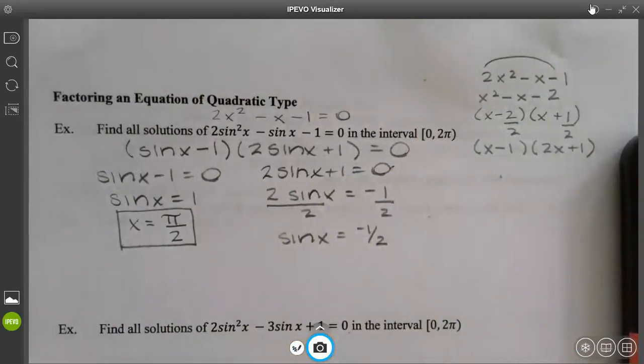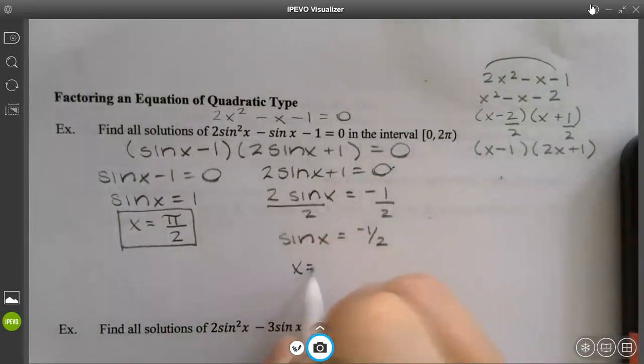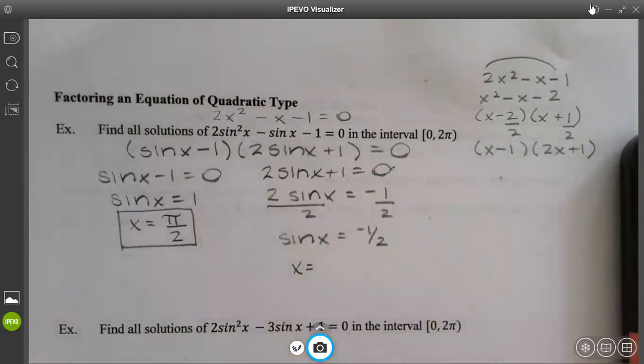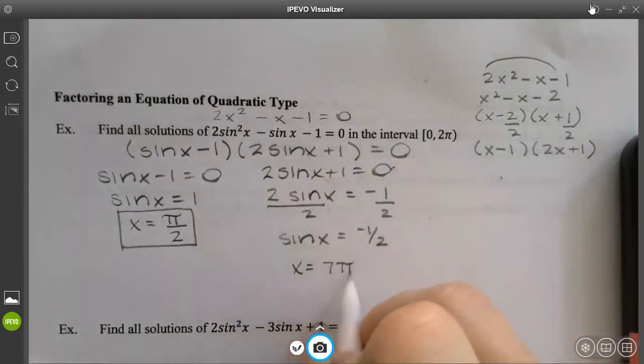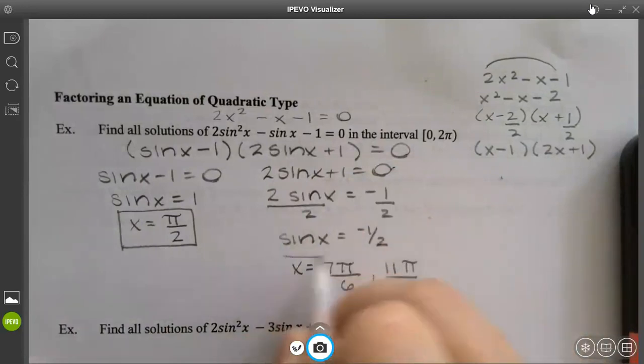There should be 2 places where my y coordinate is -1/2. Radians, please.